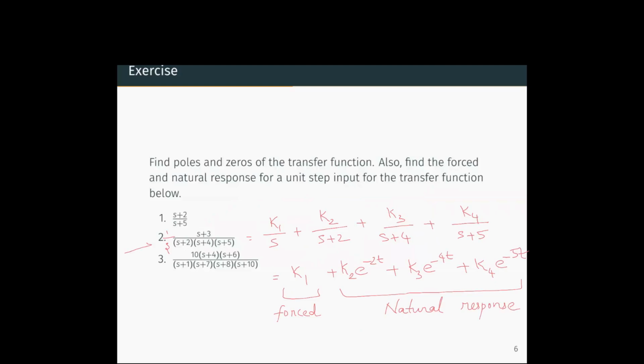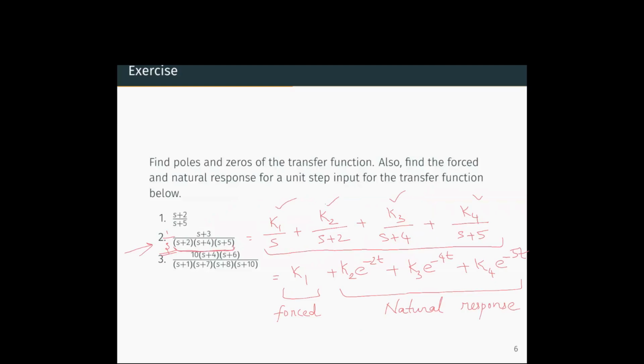In the second example, this is the transfer function. Whenever you apply unit step input to that transfer function and expand by partial fraction expansion, we have K1, K2, K3, and K4. After finding those values, you can substitute them here.